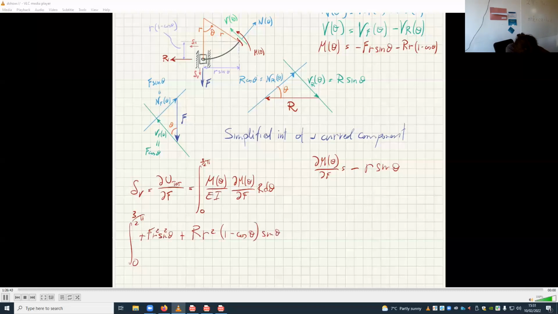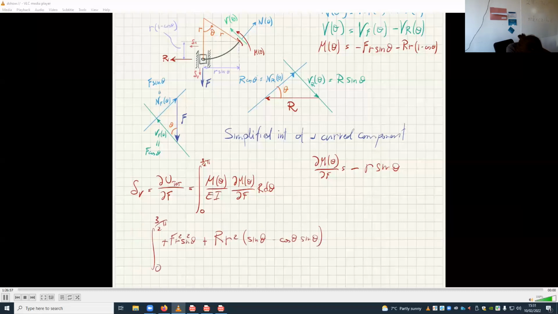So possibly something like this. Divided by I, that I will place outside, in r d theta.